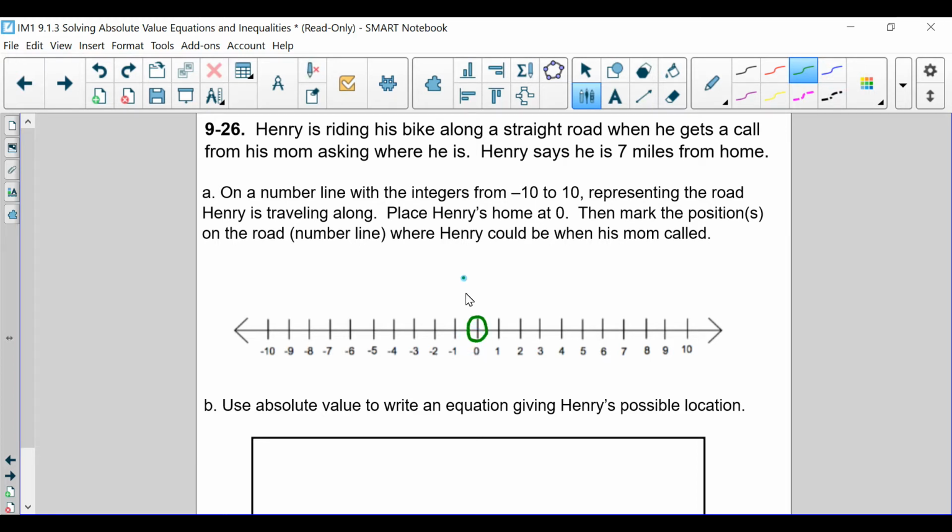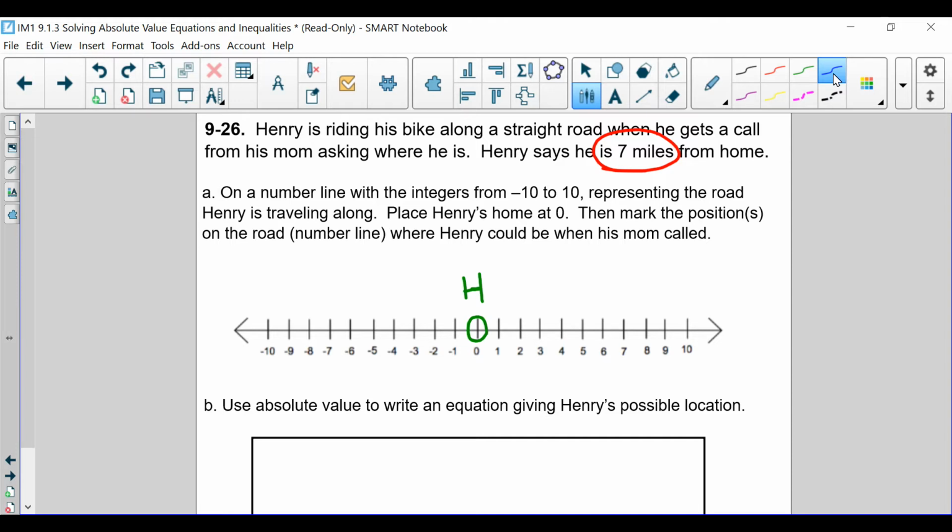Henry is here. But he tells you, and you don't know where he is, that he is 7 miles from home. Where do you think Henry is? Well, you have to think, okay, he's 7 miles from home. So where is that?